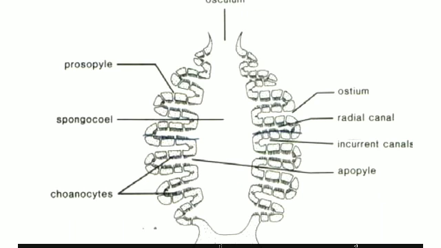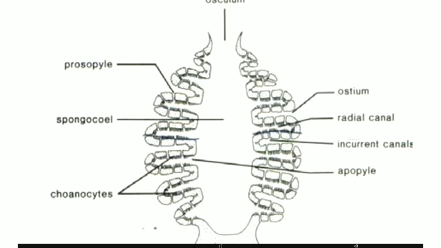It is commonly called the flagellated chamber because it is lined by specialized flagellated cells called choanocytes. And this radial canal opens outward by means of the excurrent canal. The excurrent canal opens to the spongocoel by means of another small opening called the apopyle.